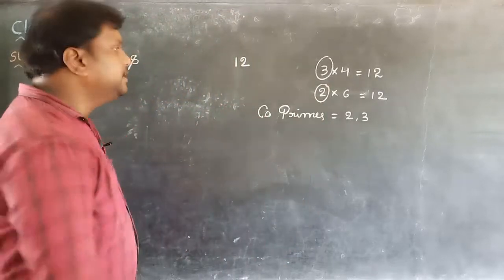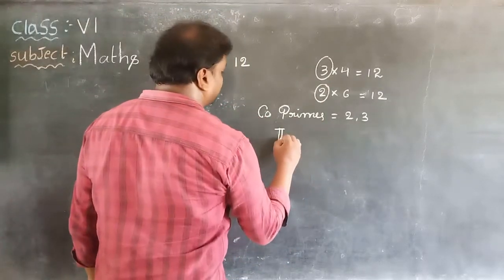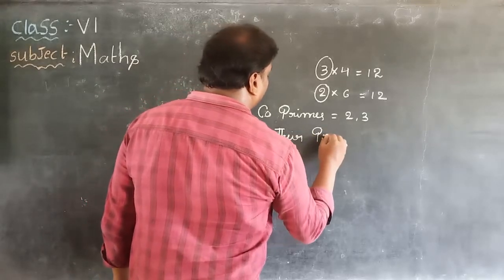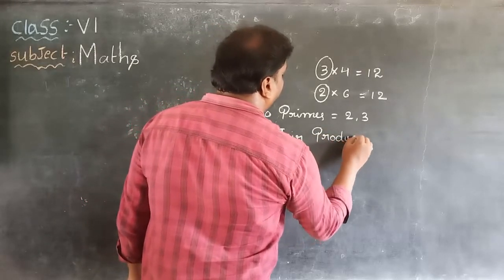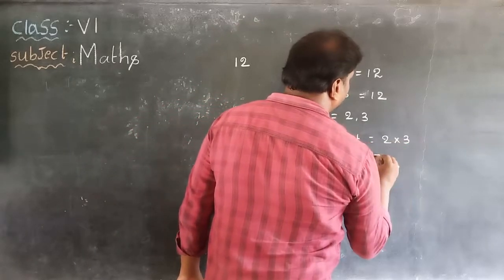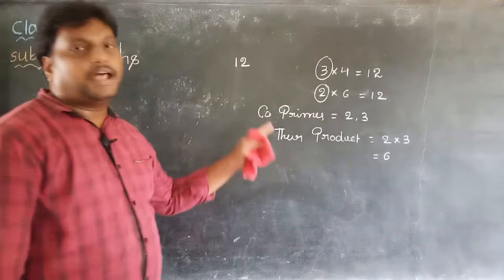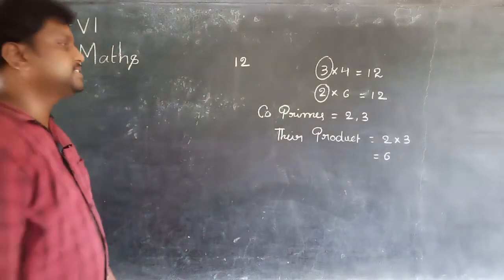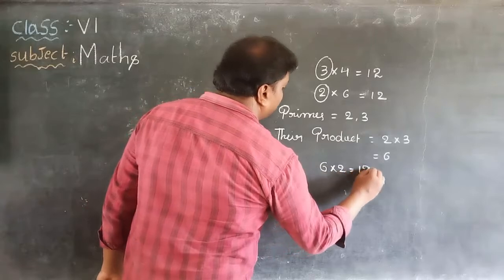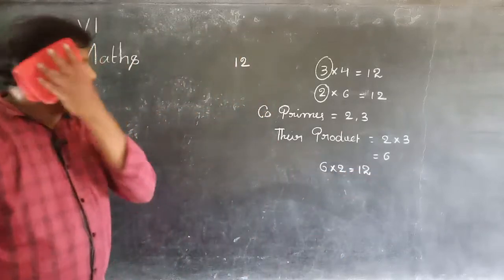I am taking 2 comma 3 as co-primes. What will their product be? 2 into 3 is equal to 6. Then 12 is also divisible by 6. Why? Because 6 twos are 12. This is rule number 2.